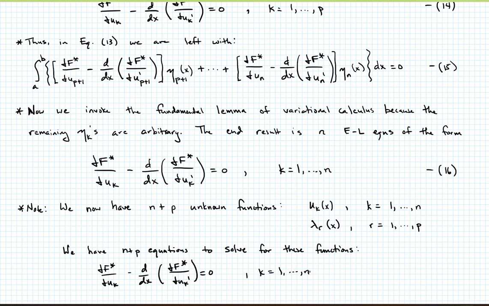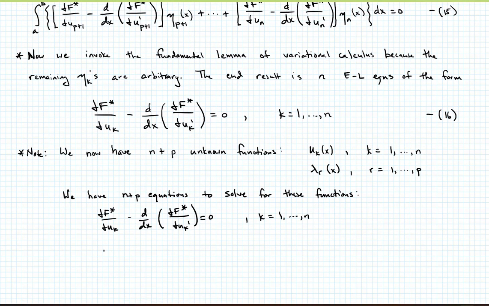That's our n. But we also have all of our constraint equations, which is that gr of x, u1 up through un, and u1 prime up through un prime, for r from 1 up to p. So we have n plus p equations to solve for these n plus p functions.